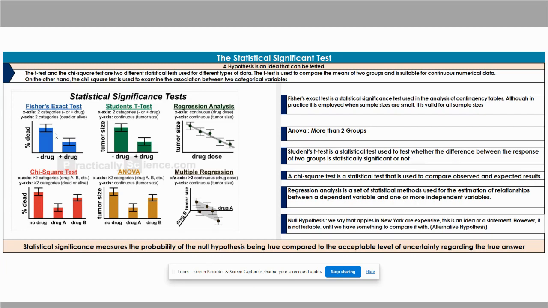You can see the graph. It is evident that in the group of people who have taken the drug, the number of deaths is lower than in the other group who did not consume the drug, where the number of deaths is higher.